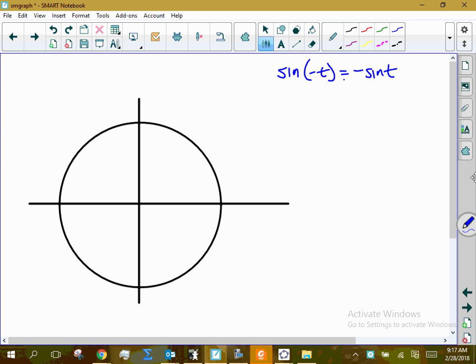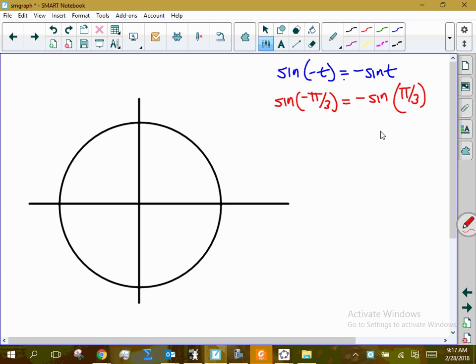Let's do an example. If I say I want the sine of negative pi over 3, that equates to the exact same thing as the opposite of sine, now the positive version of t, so it would be pi over 3.